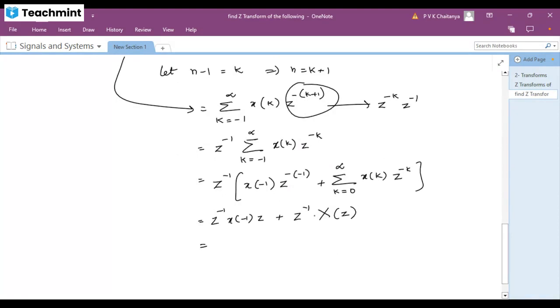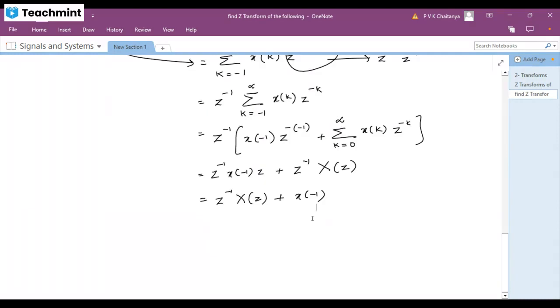So I can write this as z power minus 1 into X of z plus x of minus 1. Okay, so therefore, what did we find? The z transform of x of n minus 1 into u of n is z inverse into X of z plus x of minus 1.